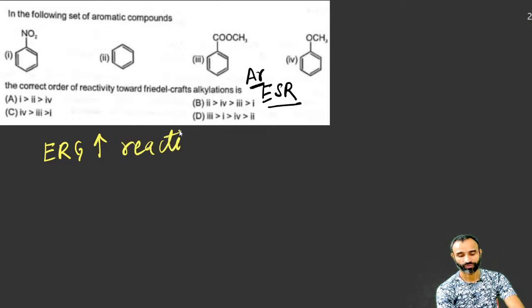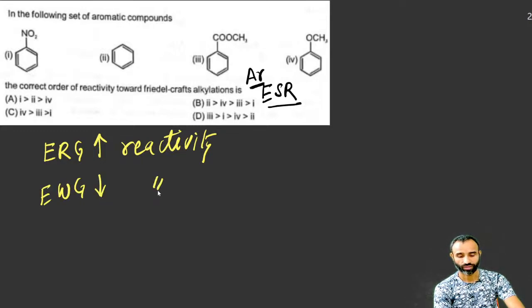Aromatic electrophilic substitution reaction. So obviously, electron releasing groups increase reactivity because they increase the electron density on the ring, and electron withdrawing groups decrease the reactivity because they decrease the electron density at the ring.